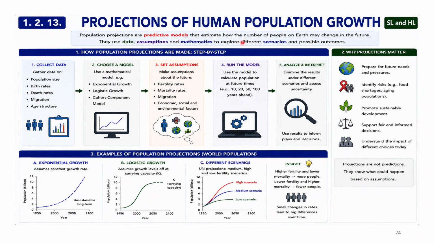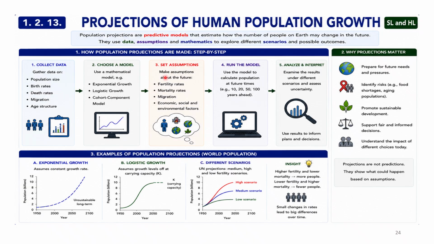Human population projections are predictive models that estimate how the global population may change in the future. These models begin by collecting data on current population size, birth rates, death rates, migration, and age structure. Scientists then select an appropriate mathematical model, such as exponential, logistic, or cohort component models, depending on the purpose of the study.